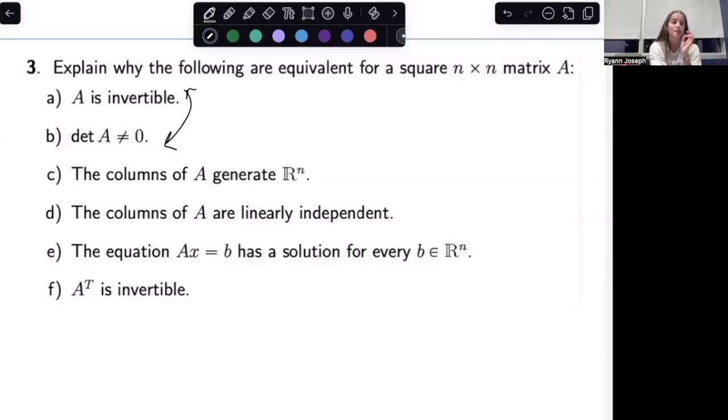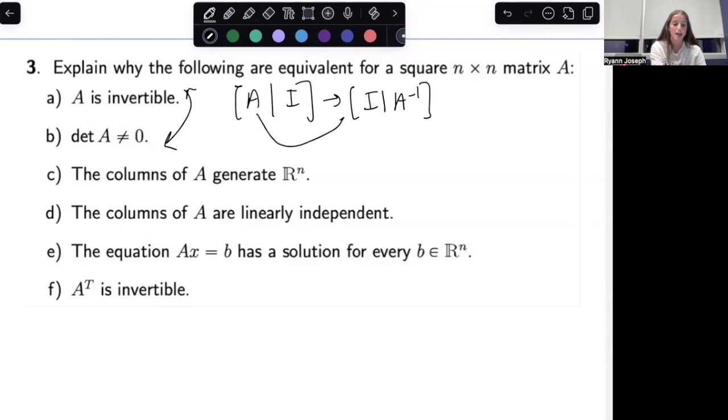And since the determinant of the identity matrix is 1, because this is how we solve for the inverse of a matrix, the determinant of A can be the determinant of I, which is equal to 1, times some consequence of doing row operations with the determinant. That means if it's 0, it's going to stay 0, but if it's non-zero, it's going to stay non-zero.